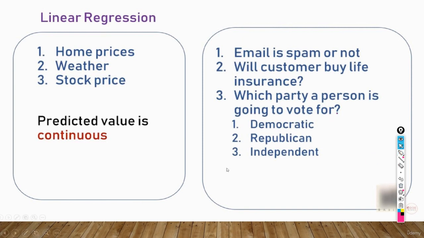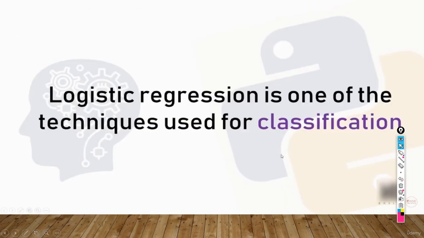Now classification has two types, but before that, logistic regression is used for classification. If you remember, we have completed all the tasks related to linear regression. We saw simple, multiple, polynomial and multivariate linear regression. Those tasks were certainly for regression.